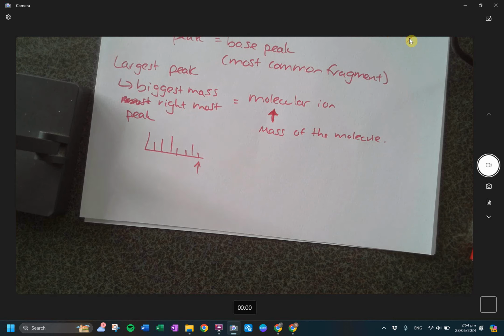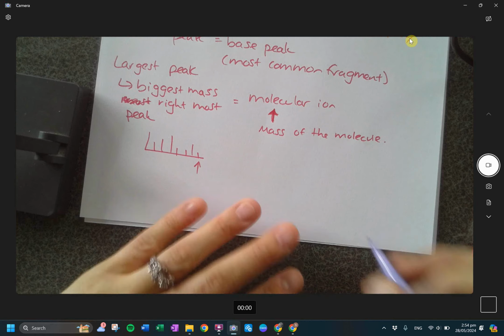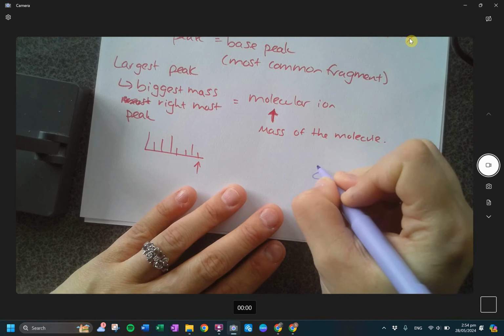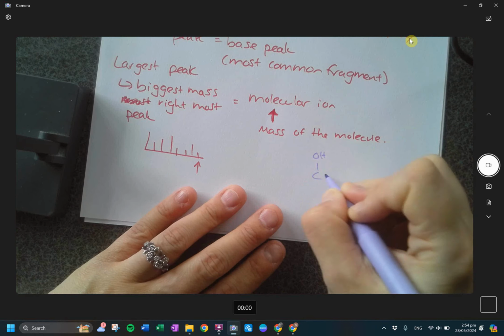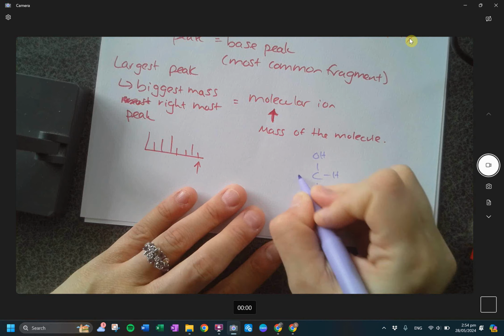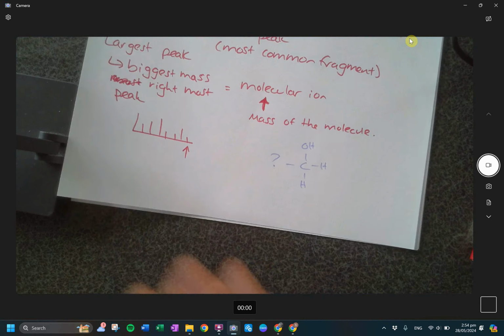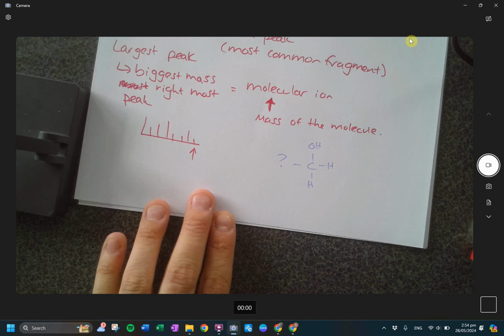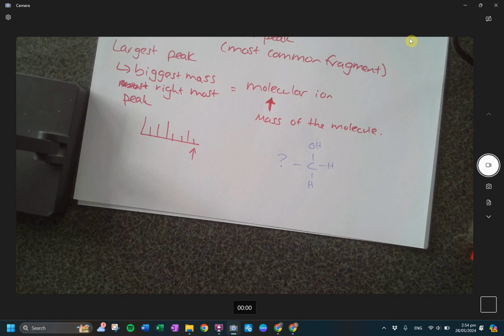So let's start putting those two pieces of information together. First bit of information, I have an alcohol. If I was to draw a generic alcohol on an N carbon, it would look like that. Correct? All right, let's add up the different compounds based off of their molecular masses.